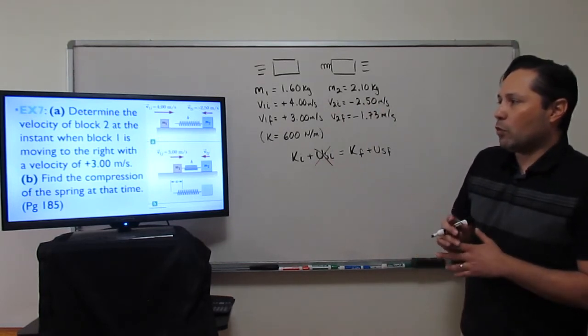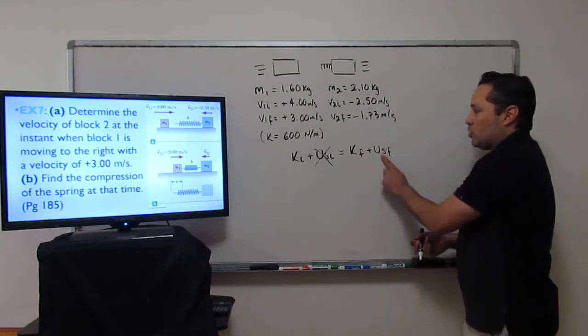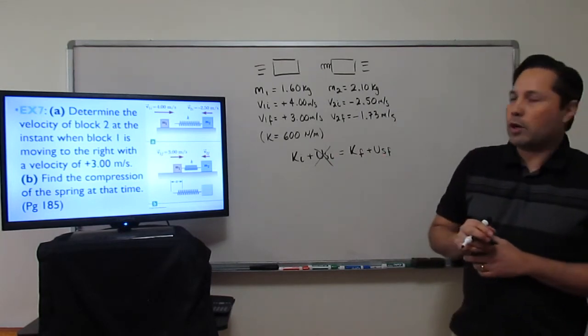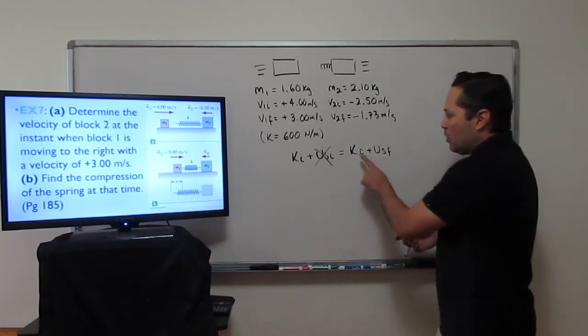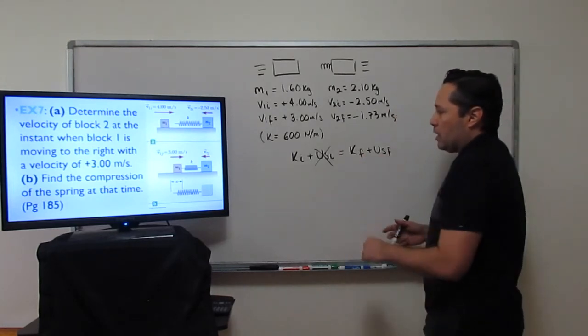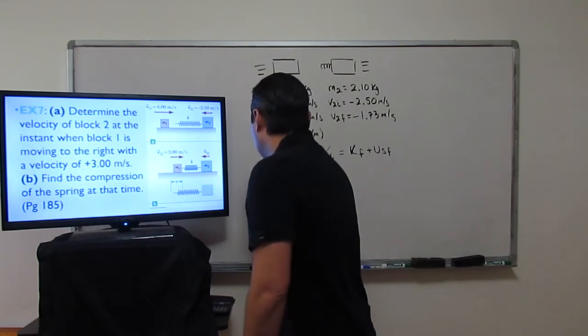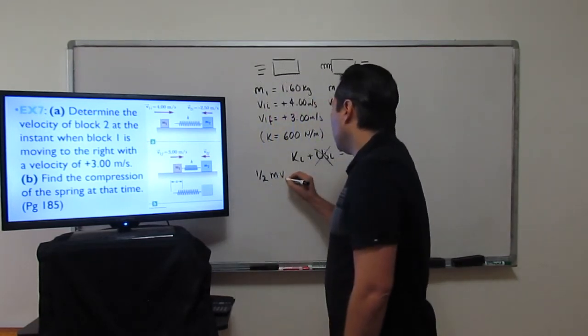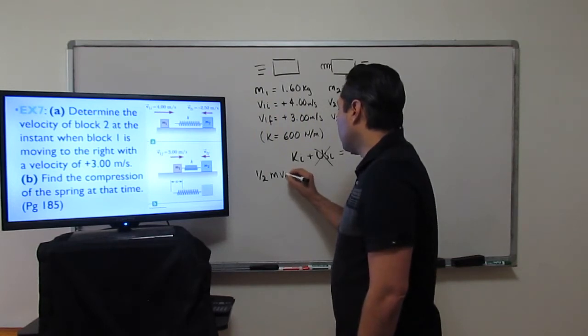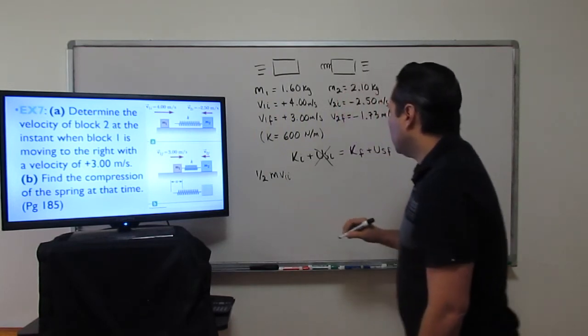Again, what we're looking for is the compression. Now the compression is right here in the formula for potential energy of a spring. So I'm going to move the kinetic energy over on this side and put what it actually is. So it is 1/2 mass times velocity of object 1 initial.